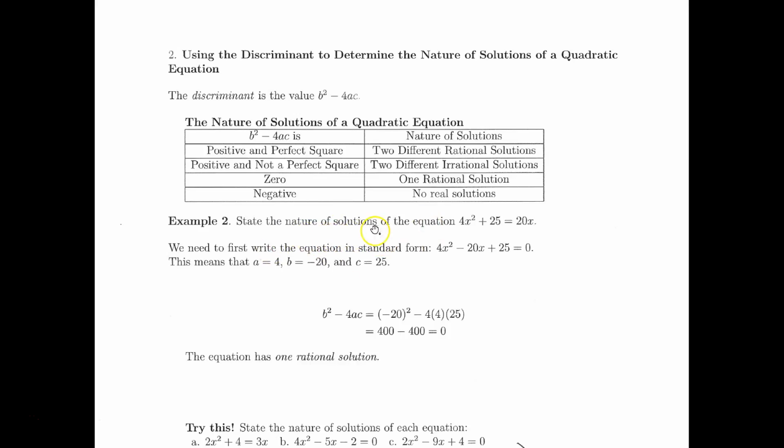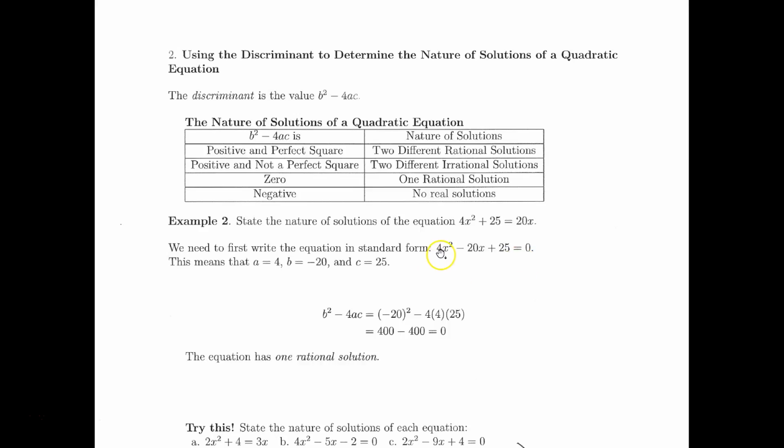So if I want to know the nature of solutions of this equation, we need to write the equation in standard form. So that's something to look out for, as we've done in some prior examples. So we can subtract 20x from both sides, and we'll have 4x squared minus 20x plus 25 equal to 0.